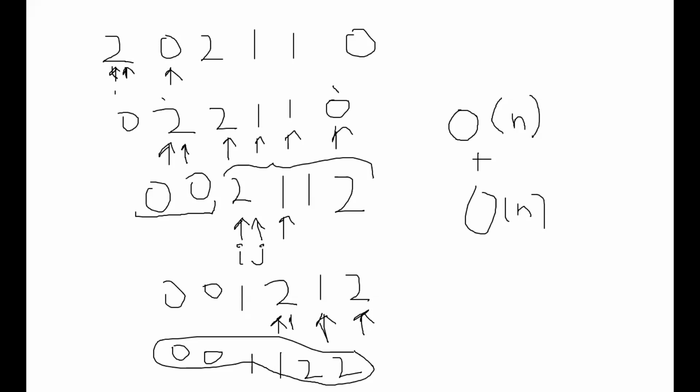When you iterate the whole array, if you see a 2, you swap with the last color. If you see a 0, you swap with the first color. If you see a 1, you let it stay.